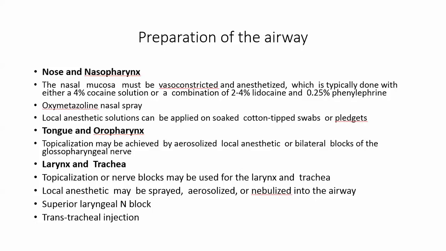To prepare the nose and the nasopharynx, the nasal mucosa must be vasoconstricted and anesthetized. And this is typically done using a 4% cocaine solution or a combination of lidocaine and phenylephrine. Oxymetazoline nasal spray helps to promote vasoconstriction in the nasal mucosa.